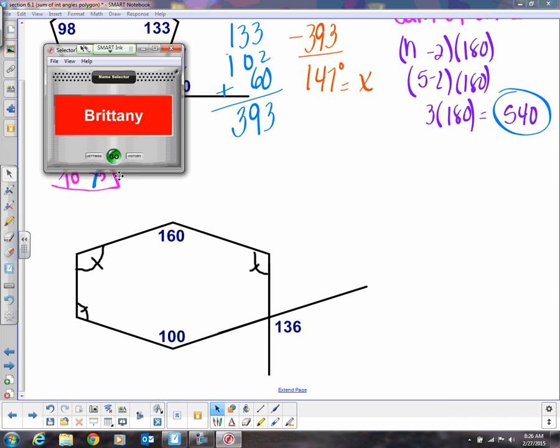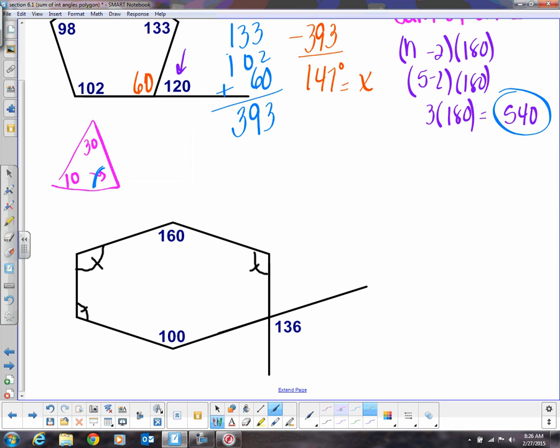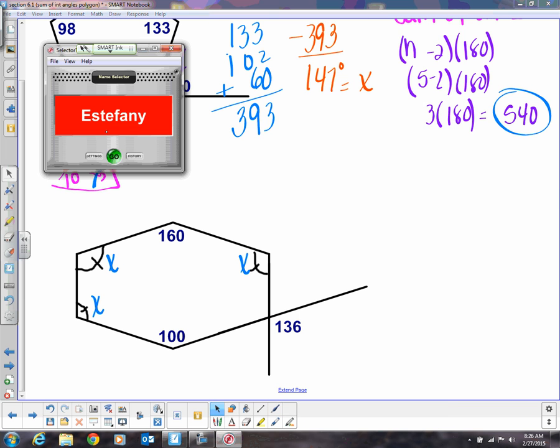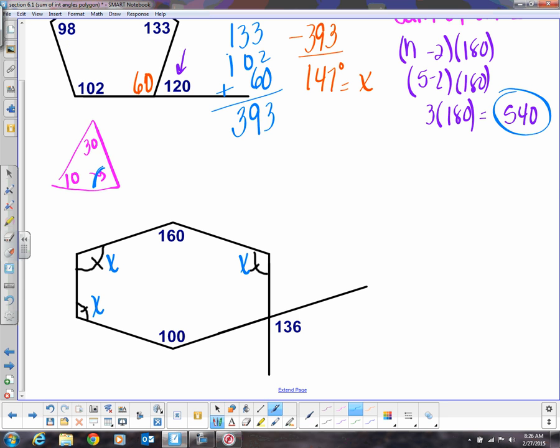What do all these arcs mean? Stephanie? They're congruent. So if I let this be x, what is this one? And what is this one? Okay, so how many sides does this figure have, Aaron? So how do I find out how many degrees is in this whole figure?